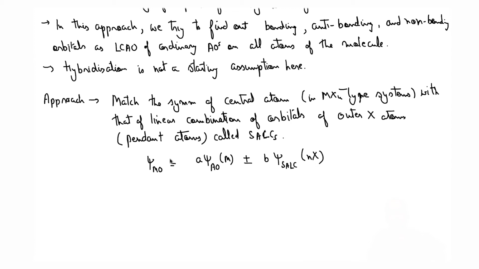So this is the general picture of MO theory, where psi SALC is nothing but C1 psi 1 plus C2 psi 2 plus Cn psi n. So this is a linear combination, which can be plus or minus. And the appropriate coefficients also have to be normalized and orthogonal, all those things which we have already learned.